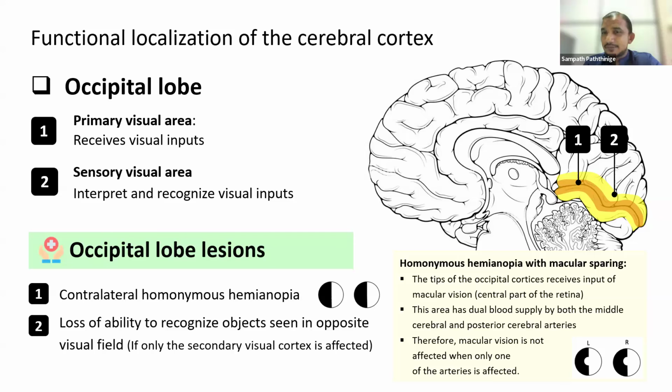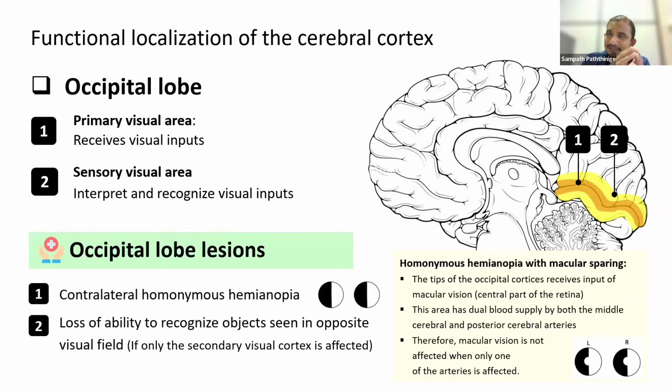So it is mainly from the posterior cerebral artery, but the central part, the macular vision, is from the middle cerebral artery, right? So if only the posterior cerebral artery is affected, usually this macular area will not be affected. So we call it the macular sparing. So it generally affects the opposite side of the vision, right?